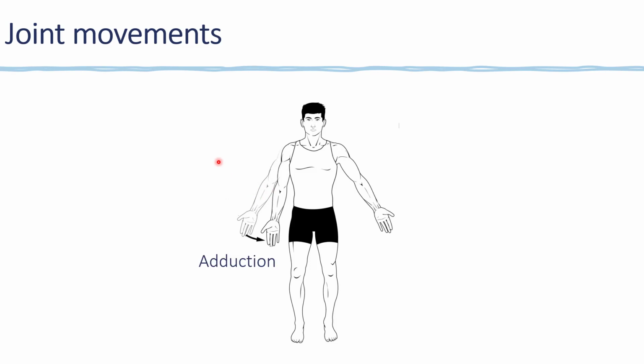The opposite of abduction is adduction. So again, occurring around or about the antero-posterior axis, and it causes limb movements in the frontal plane again and back to anatomical position. So if the arm was previously abducted out here, then an adduction movement will return that arm close to the body.